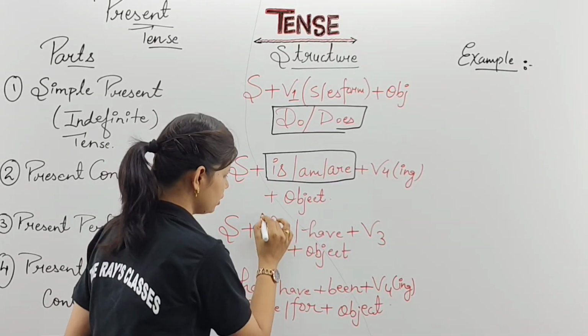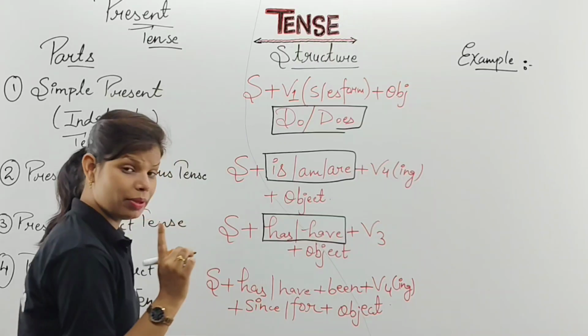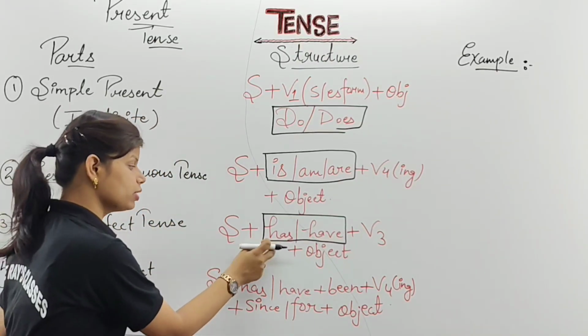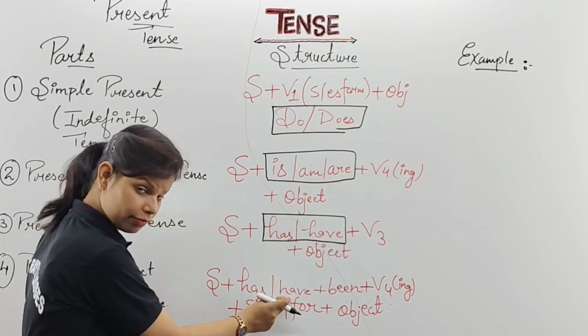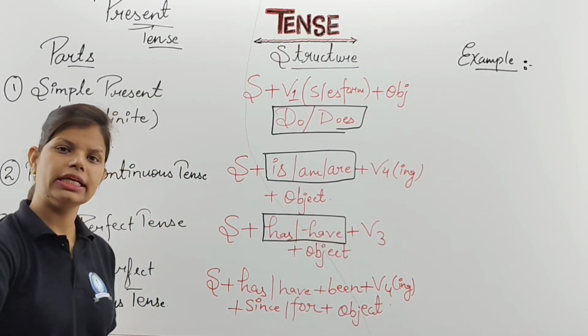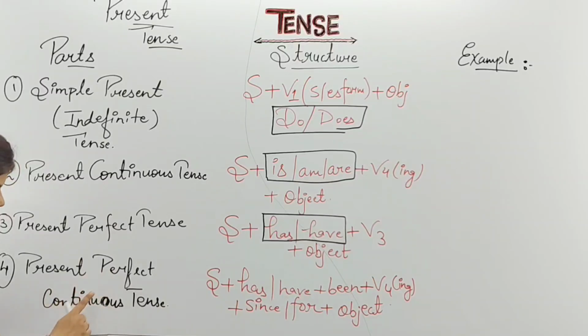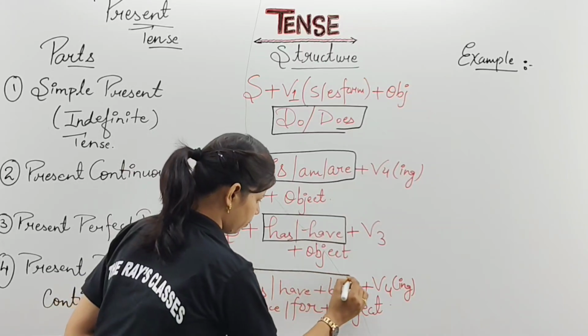Here we are using the helping verb has and have. Now, sometimes you will be confused, ma'am, has, have been used here also, here also. But here, children, when you choose along with has or have, anyone, when the been is used, then automatically that sentence is what? Your present perfect continuous tense. Clear?